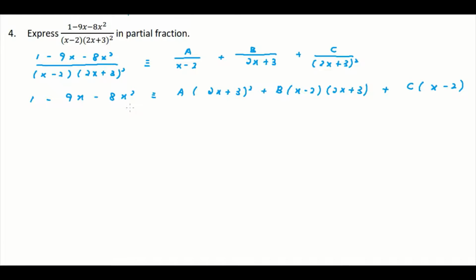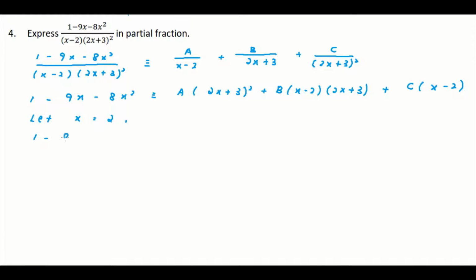So for us to get the answer for A, you need to make your B and C become 0. They have the common factor that is x minus 2. So that's why I can always let my x be 2.